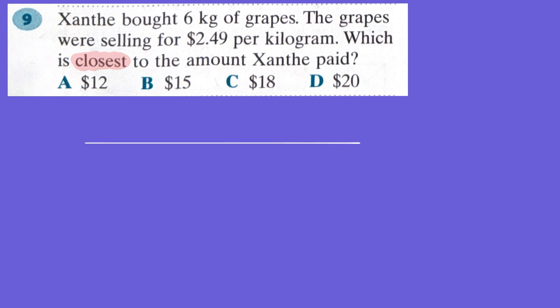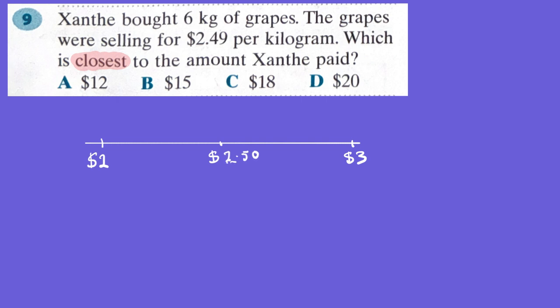If on a number line I represent $2 to be here and $3 to be here, then where would my $2.49 be? It would be somewhere halfway, at $2.50.